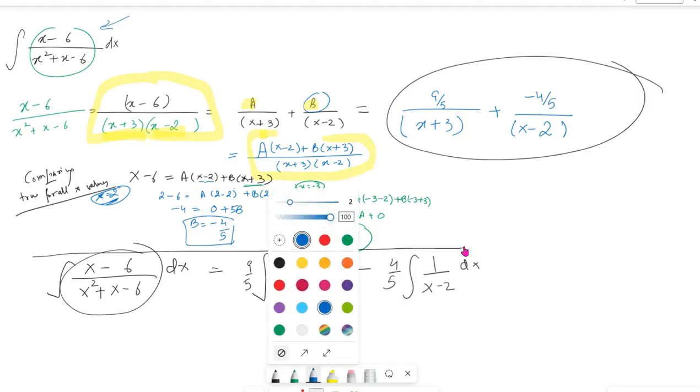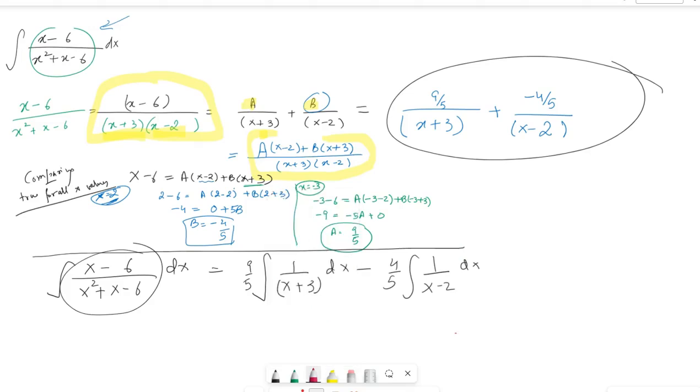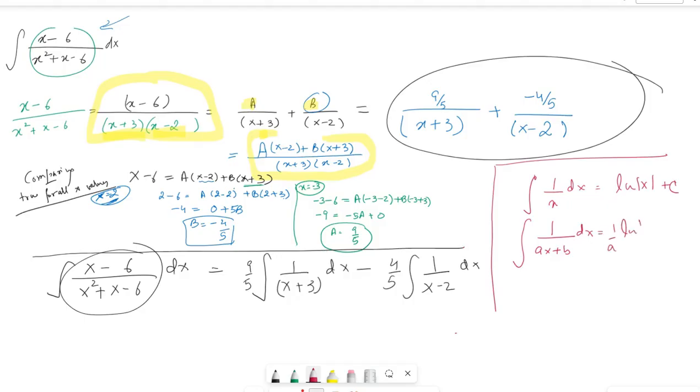And this one is an easy integral because we know the rule. Integral of 1 by x dx, you guys know, is natural log of x plus c. On a similar basis, we have another formula. If there is a linear factor, then that would be 1 by a natural log of ax plus b. Now this is a linear factor. The coefficient of x here is 1.